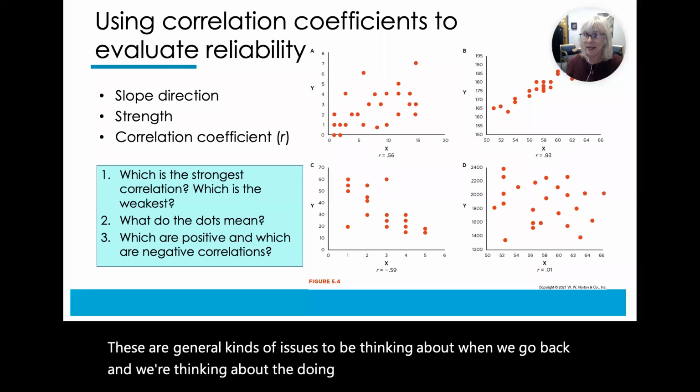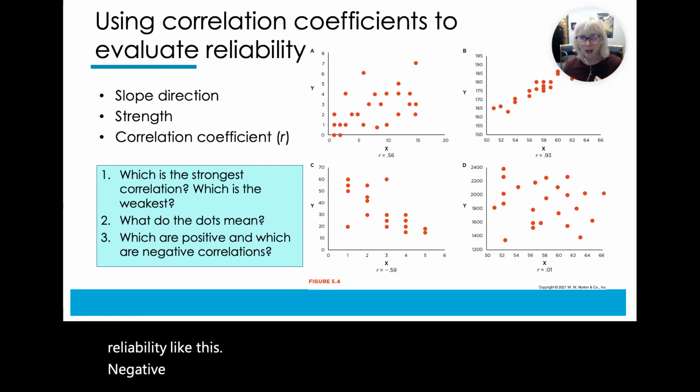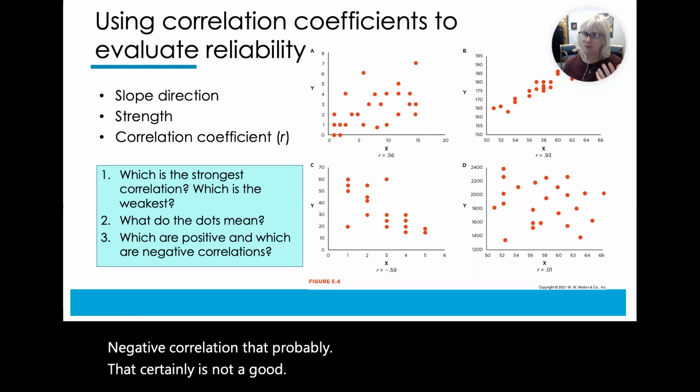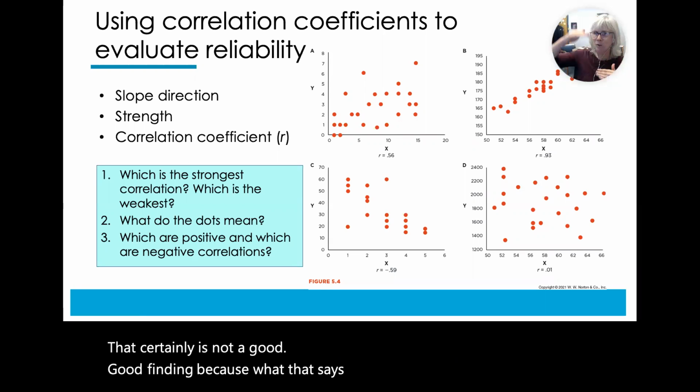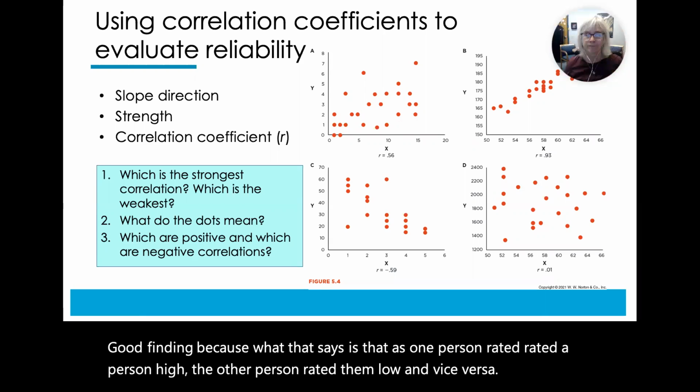If we get a negative reliability like this, a negative correlation, that certainly is not a good finding, because what that says is that as one person rated a person high, the other person rated them low, and vice versa. So not good reliability.